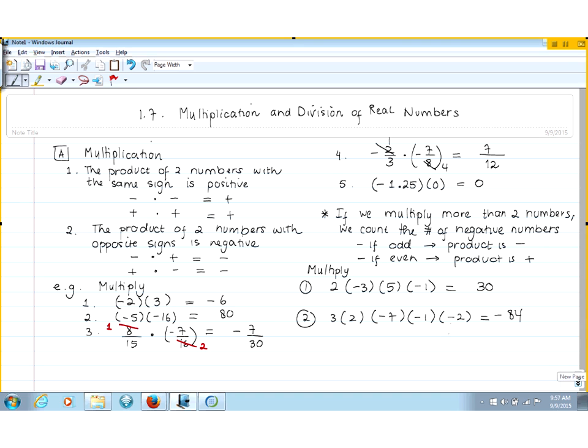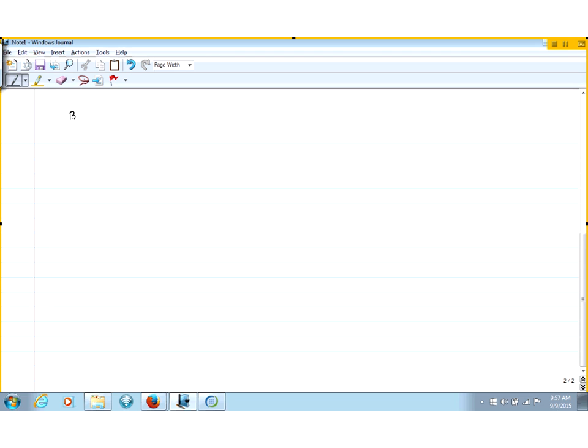Questions? No? Alright. Now B. Division. Same thing. Oh, let's talk about reciprocal first. So, B. Reciprocal is also called multiplicative inverse.